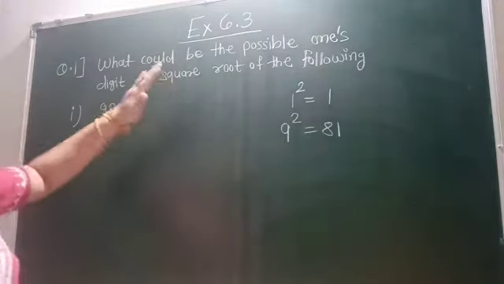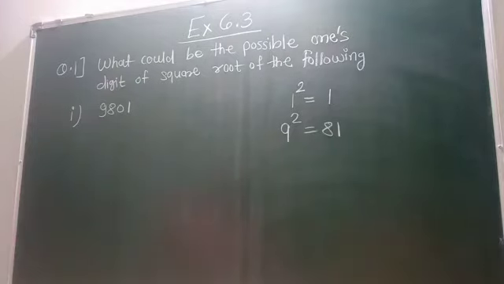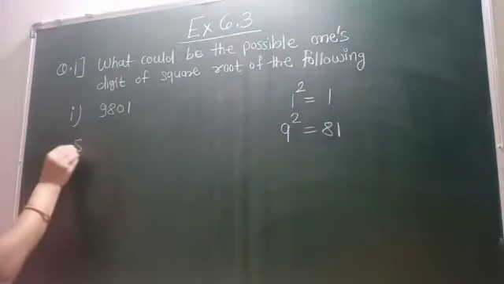In both cases, in the unit place we will get 1. So what will be the possible ones digit of the square root? Yes, the ones digit in the square root of 9801 may be 1 or 9. So how can we write this?